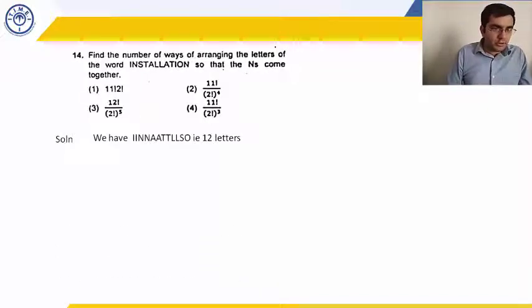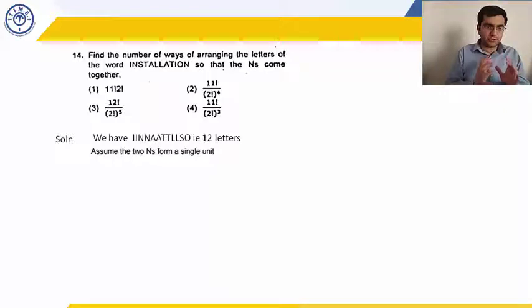I have a total of 12 letters, and now I'm going to make one unit of the two N's so that now they are treated as one unit only. So total I will now have 11 units, basically keep the two N's aside. So I have 10 letters, and then I have this one group. So total I now have 11 entities that I need to arrange.